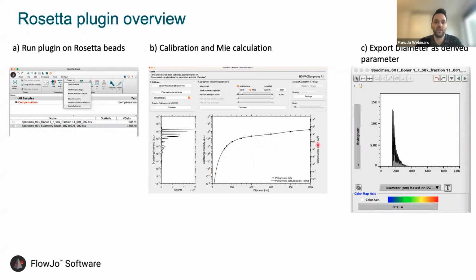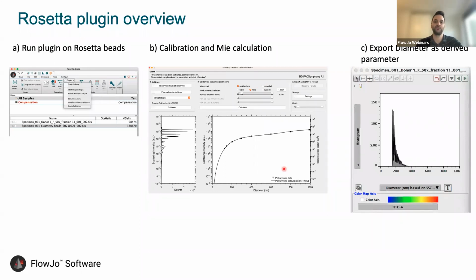And finally, in the middle section here, you can input the refractive index of the material you study, the model type and medium and so forth. And last step, you can press the return to FlowJo button, where then the diameter parameter will be derived to your FCS files.